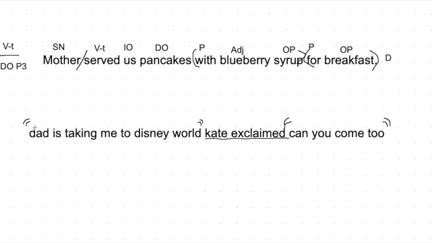All right, let's capitalize Dad because it is the first word of the quotation and Dad is being used as a proper noun. Disney World is a proper noun as well. Let's capitalize that. Dad is taking me to Disney World. We need an ending punctuation here, but we know it's not the actual end of the sentence because the end of the sentence comes after Kate exclaimed. But she's exclaiming, so we need to put an exclamation point right there.